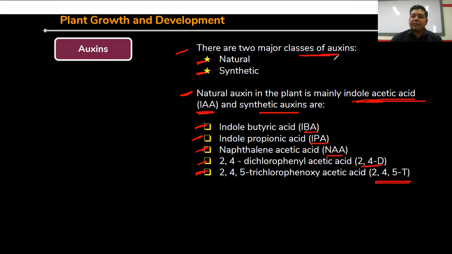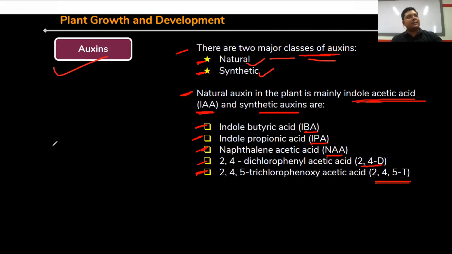There are two major classes of auxin, natural and synthetic. After the discovery of these plant growth regulators, nowadays we can also develop synthetic or artificial forms of these 5 plant growth regulators. For example, ethylene is a natural plant growth regulator that helps in fruit ripening.